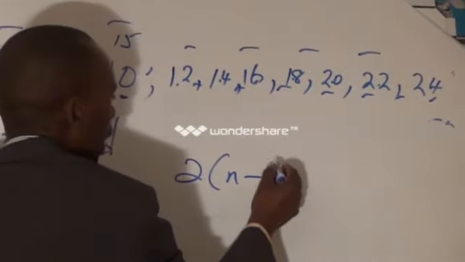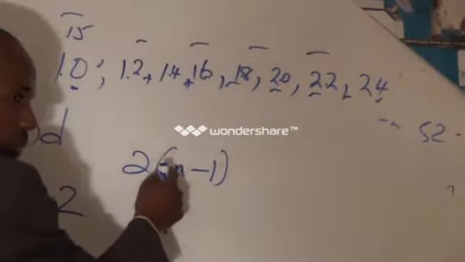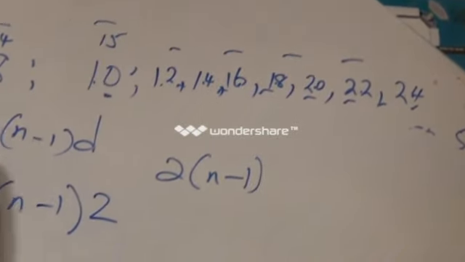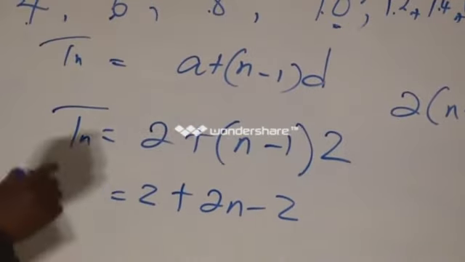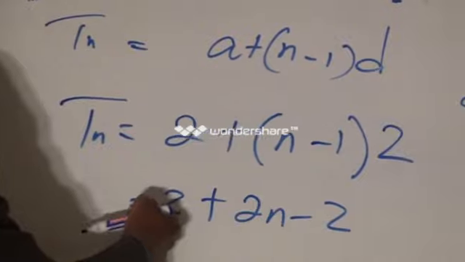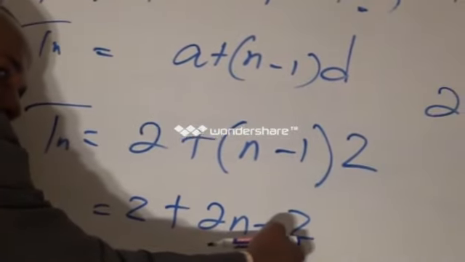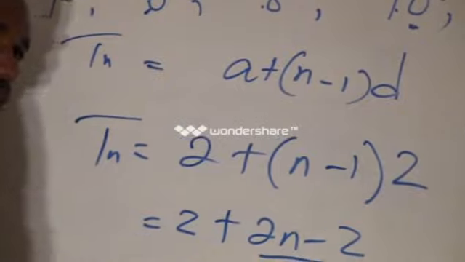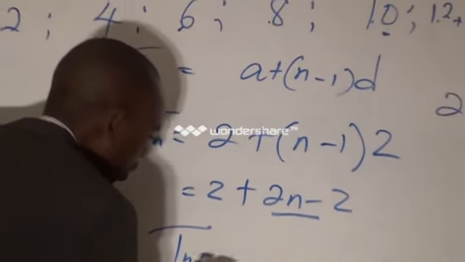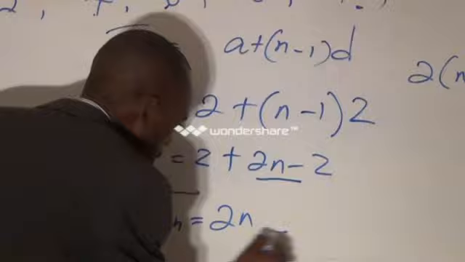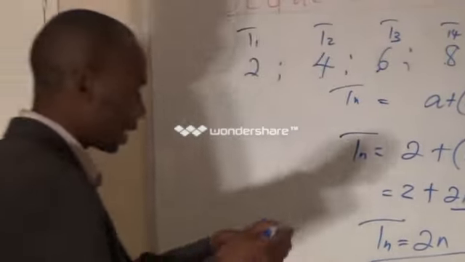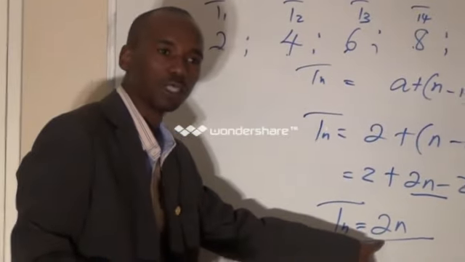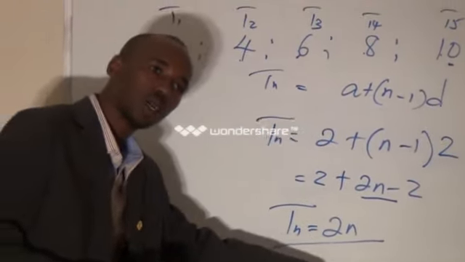That's very basic. We know that from grade 6 or grade 8 or something. This is the same as 2n minus 2. So this is the same as 2 plus 2n minus 2. And we can see that 2 minus 2 is going to give you a 0. So you're going to be left with 2n. So in general, for this sequence, Tn is equal to 2n. And I think now you should be able to see that very clearly, because as an example, we said T25 is equal to 50. T5000 is equal to 10,000.